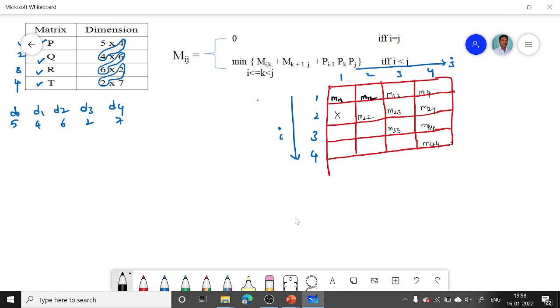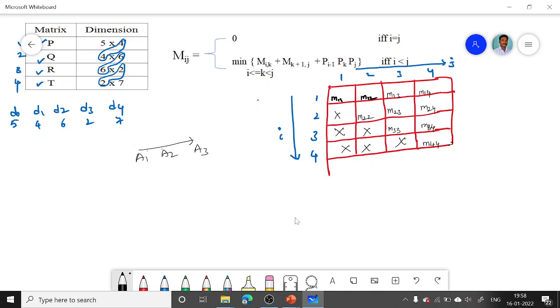So the matrices are A1 and A2, A3 like. A1 is multiplied with A2, but A2 does not multiply with A1. Only in chain order the matrix multiplications are possible. That is the problem statement already we discussed. So that's why 2 1 it is not possible, 3 1 not possible, 3 2 not possible, 4 1 not possible, 4 2 not possible, 4 3 not possible.